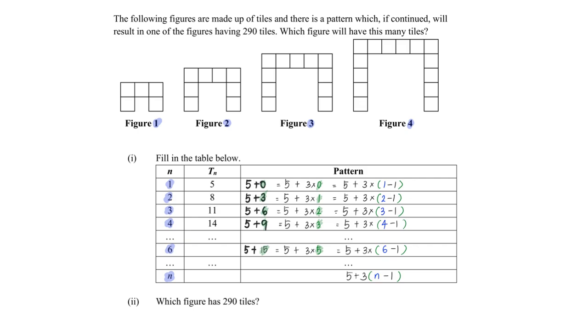Okay, because this means that 5 plus 3 times (n minus 1) is equal to 290.